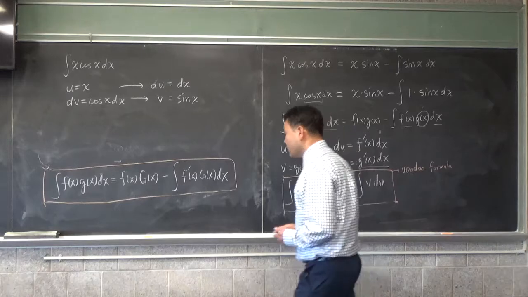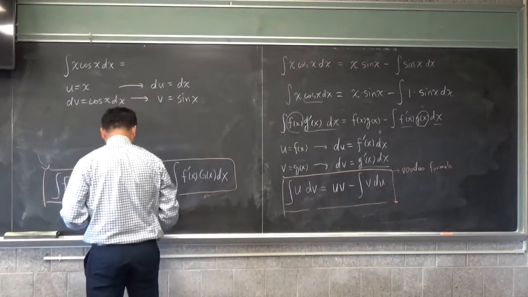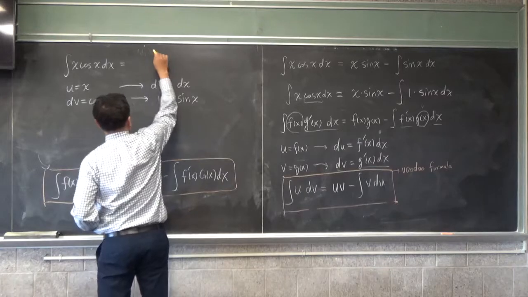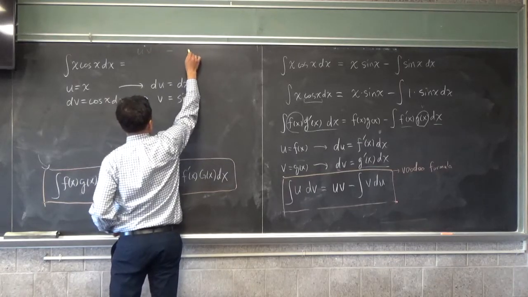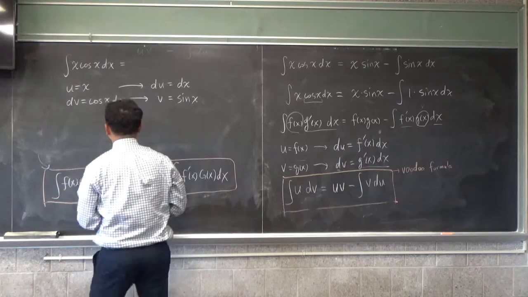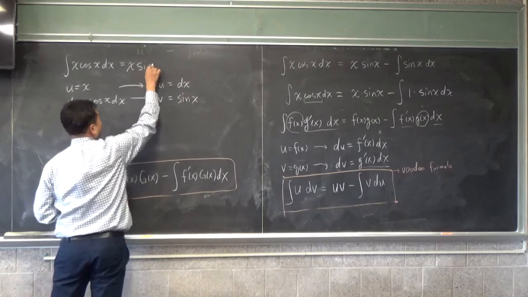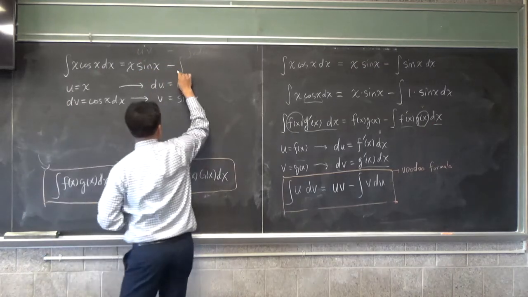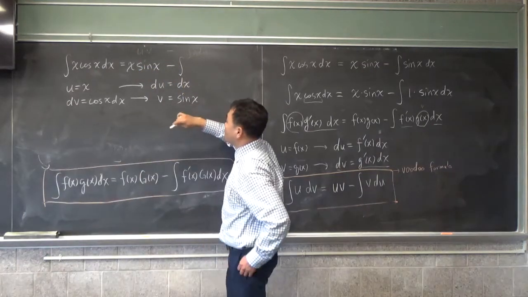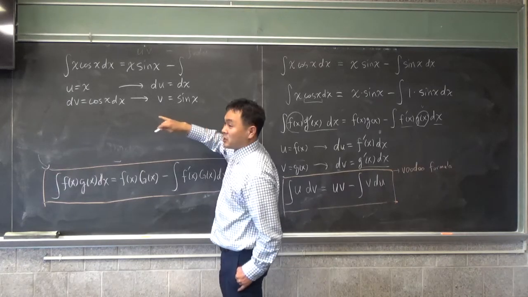And then the right side should now look like uv minus integral v du. So if you put u and v multiplied, it will be x times sine x minus integral of, what is it, v du, Voodoo math, right?